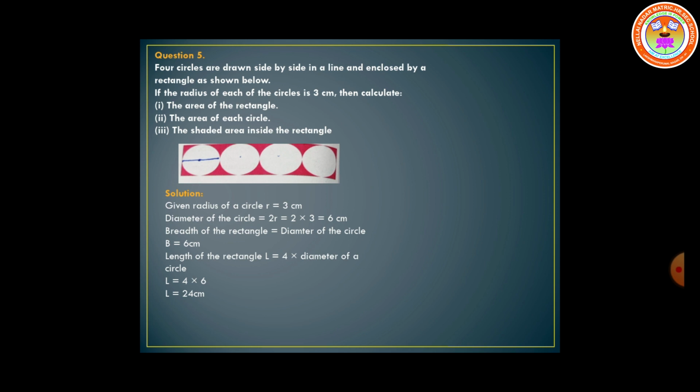Breadth of the rectangle is equal to the diameter of the circle. So our breadth is equal to 6 cm. The length of the rectangle, capital L, is equal to 4 into the diameter of the circle. So L is equal to 4 into 6, which means L is equal to 24 cm.